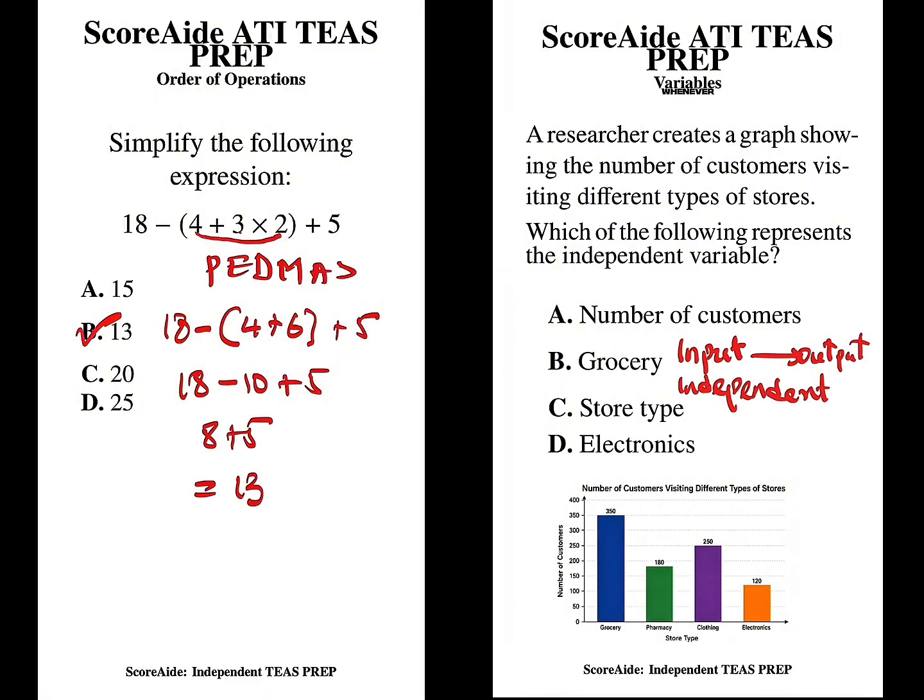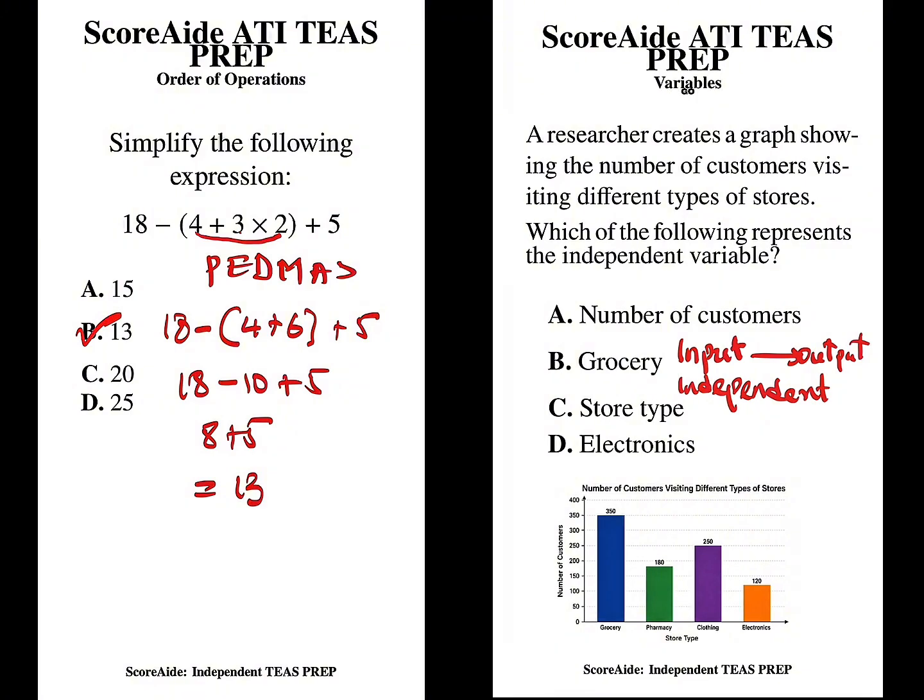Therefore, whenever you want to look for the independent variable, look at the x-axis, right? Because the output depends on the input. So output is always a dependent variable, and the input doesn't depend on anything. How many customers are in the grocery store?